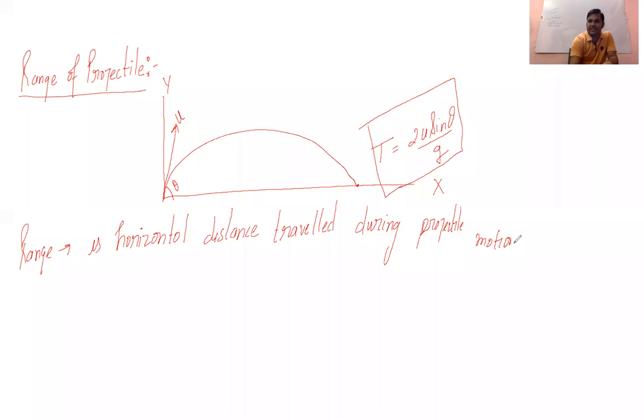So how much horizontal distance will be here? This is basically the horizontal distance during the projectile motion. So how can we calculate this one?